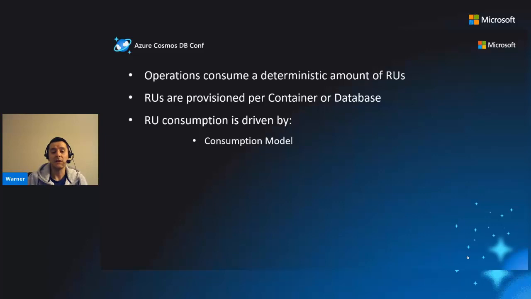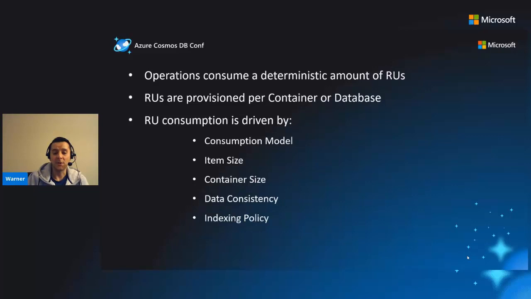RU consumption is driven by your consumption model, and we will dig deeper on that as well. It's driven by the item size, so if you are writing bigger items, for example. It's driven by the container size: as your data gets bigger, some queries might depend on the size of your data. For example, if you're doing orders. Data consistency is a very interesting bit that actually has impact on RUs and is very easy to tweak to get optimum RU consumption, and we will go in detail on that as well.